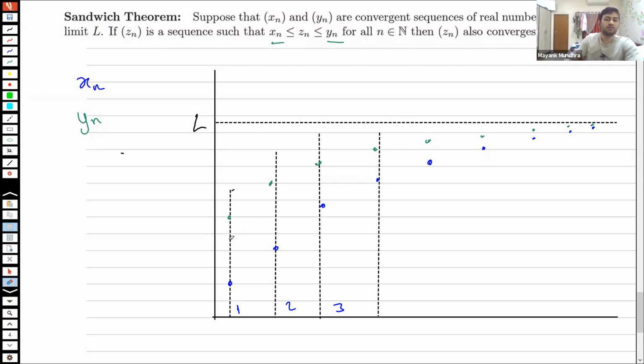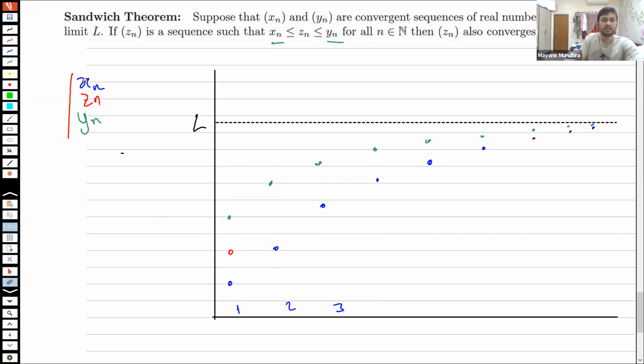Now, if you construct a new sequence which is sandwiched between these two sequences, suppose the red sequence zn is between these two sequences. So let's say zn is a sequence whose elements are always sandwiched between the green and blue dots.